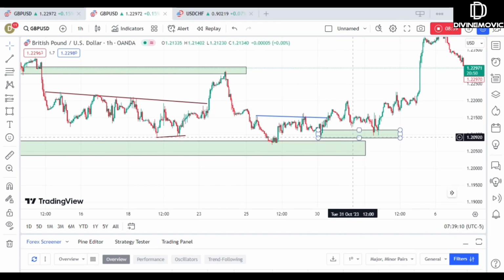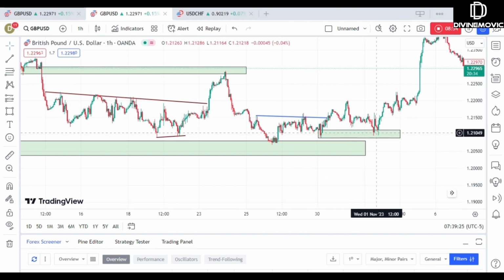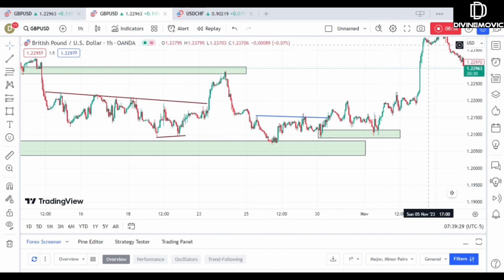So what did I see to take this trade? When I noticed that price came into my higher time frame point of interest, I was expecting to see a change of character, and price showed a change of character. When price showed change of character, I took advantage at this zone here, but I was very much aware of the news, so I didn't even hold it to this level here.